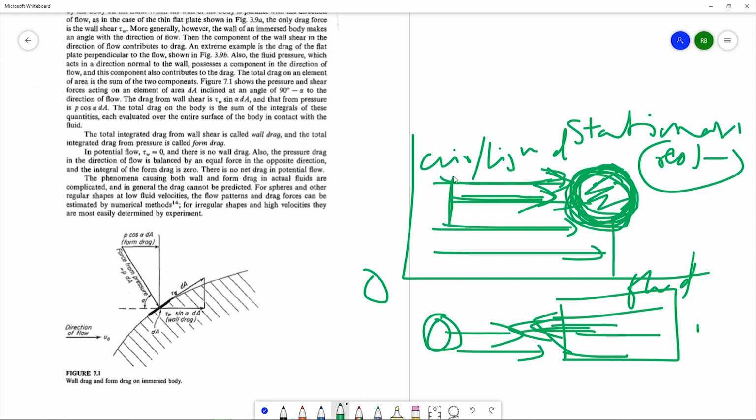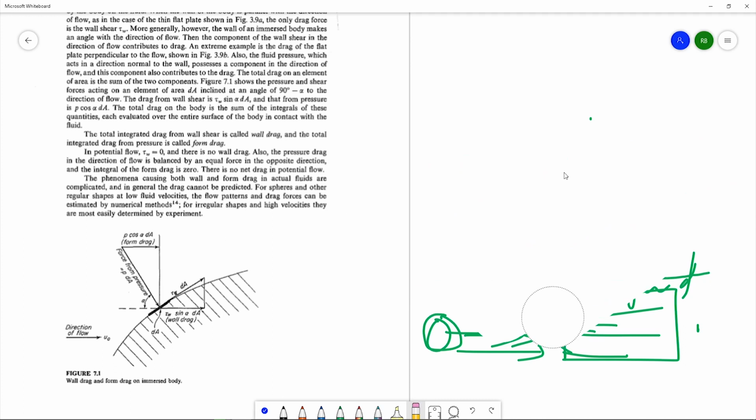But if you take the reference frame as the fluid, then you can consider that the particle is moving in this direction. It's just relative, so it doesn't matter. Anyway, if there is a force on the fluid, then it will also exert some kind of drag that is opposite and equal in direction. Okay, so this was the simple case, which is spherical.